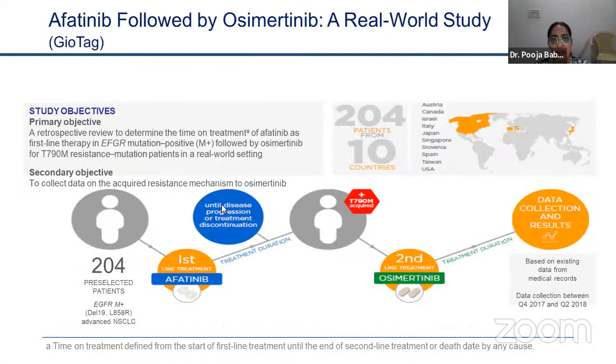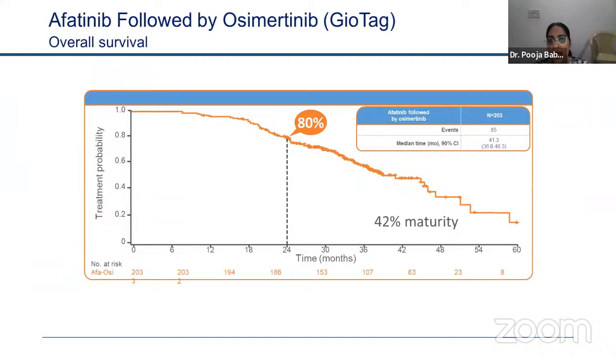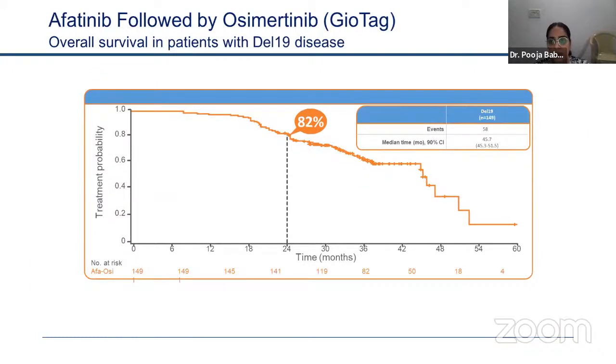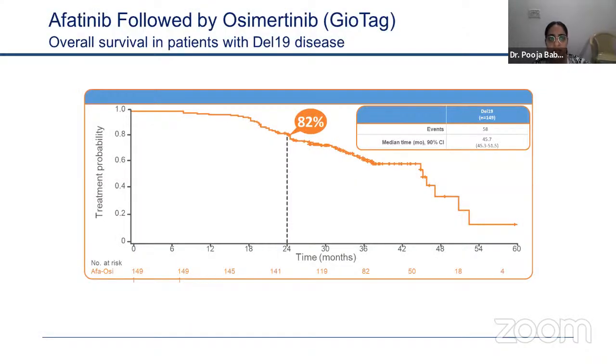And we have seen a real world study of afatinib followed by osimertinib, which is a GioTag, and a median overall survival benefit was 41 months, and in DEL19 it was 45 months. So definitely a sequential therapy of a second generation TKI followed by a third generation TKI also helps in prolonging the overall survival, and it could be one of the strategies which is cost effective.